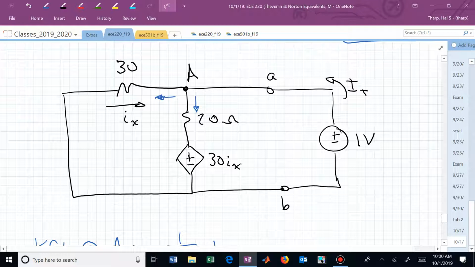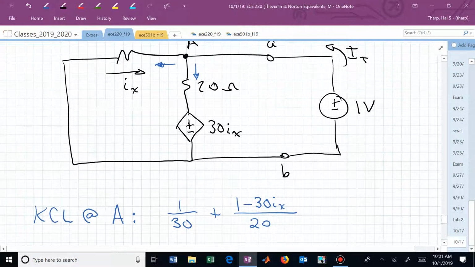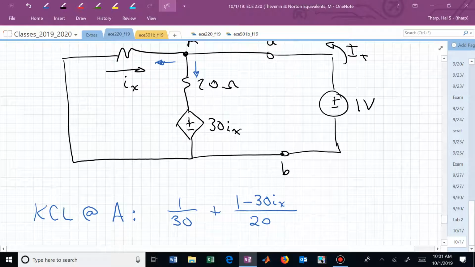It's where I am, 1, minus the voltage where I'm going, which is 30 I sub x. Now I have to kind of keep track of that. So I have 1 minus 30 I sub x over the resistance between those two locations. Those two currents going out are equal to the current going in, which is capital I_T.